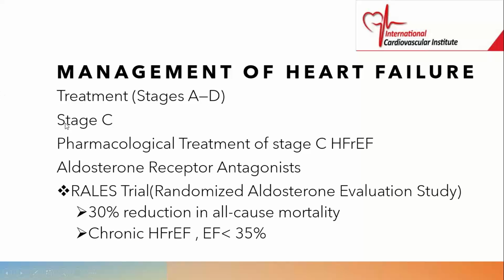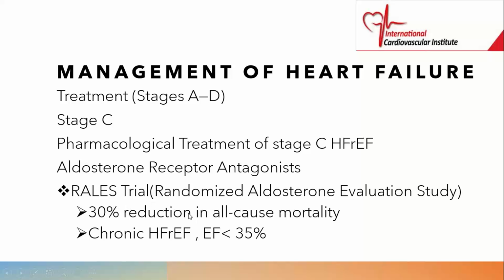Okay. In the RALES trial, the acronym stands for Randomized Aldosterone Evaluation Study, aldosterone receptor antagonists had a 30% reduction in all-cause mortality. It reduced death in 30% of these patients. The patients had chronic heart failure with reduced ejection fraction, EF less than 35%.